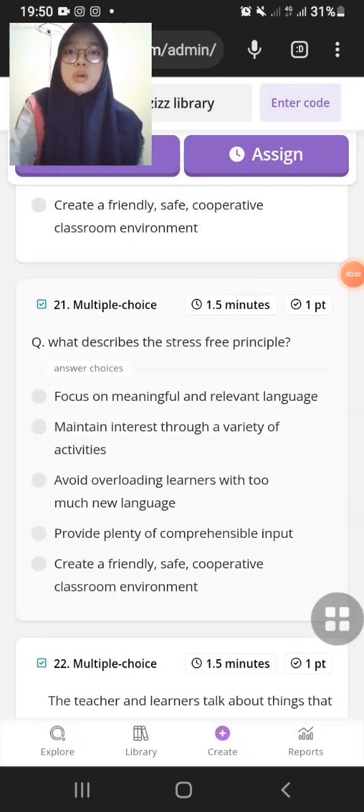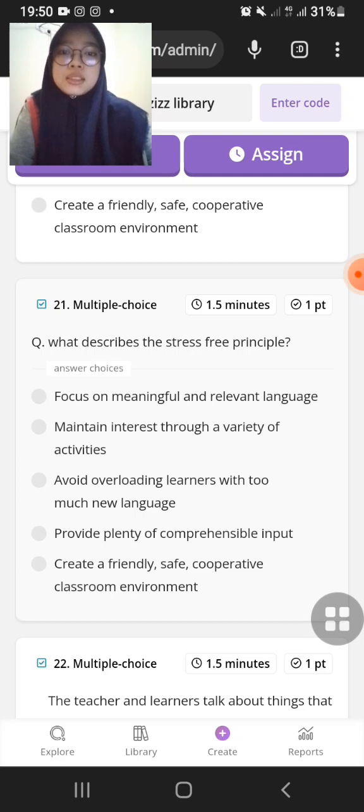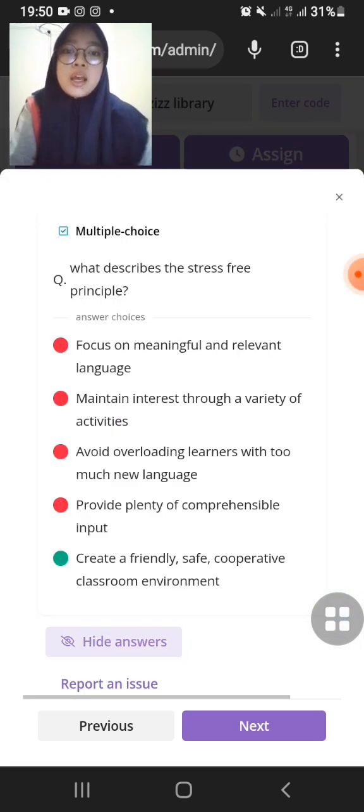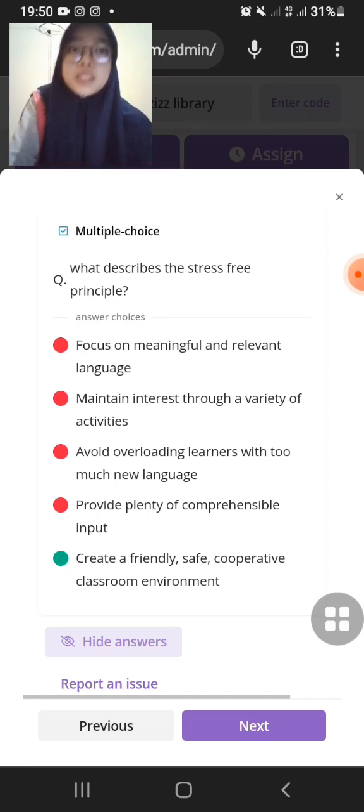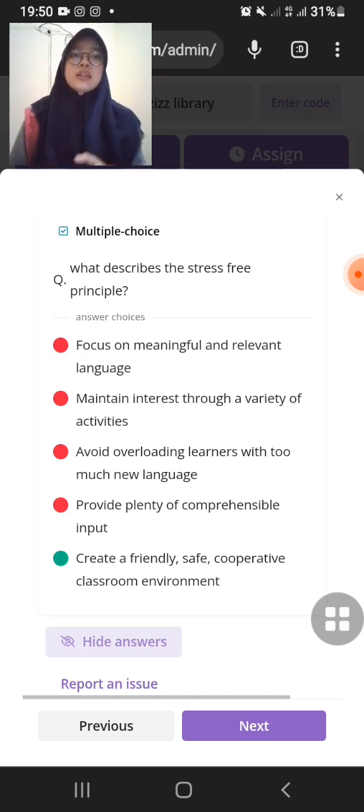Number 21. What describes the stress-free principle? The answer is create a friendly, safe, cooperative classroom environment. There is strong evidence that anxiety influences learners' willingness to communicate in the second language.